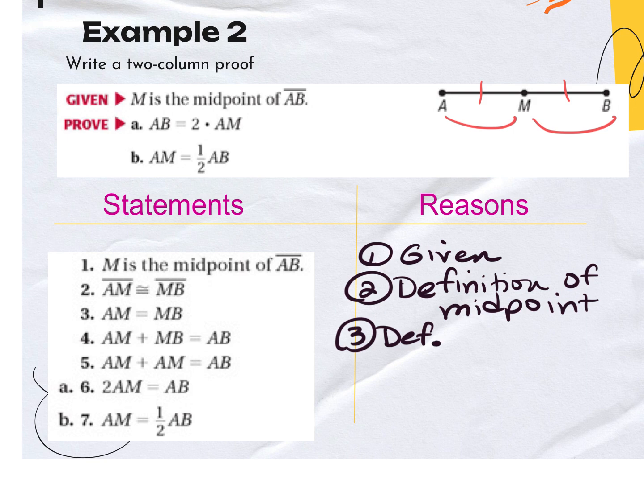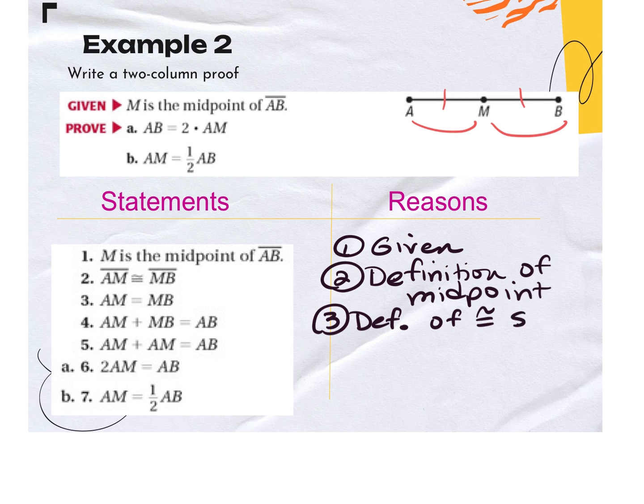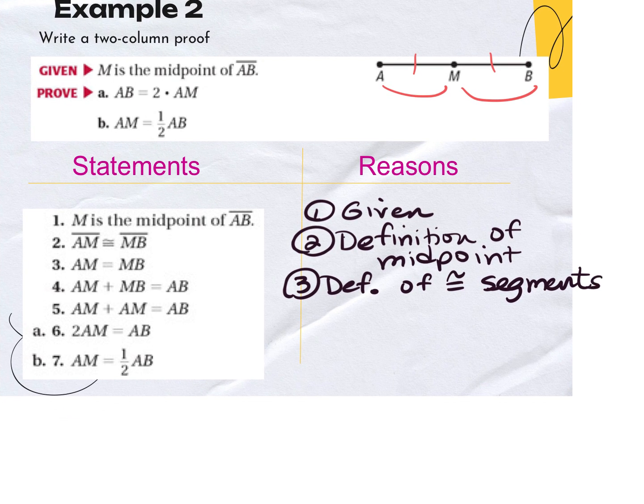I'm going to abbreviate definition as DEF of congruent segments. So whenever they change from an equal sign to a congruence, this is going to be definition of congruent segments. If you were writing the proof yourself and they didn't have that, you could have skipped this step.